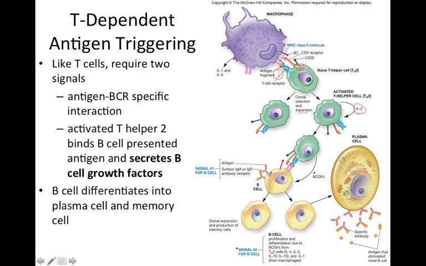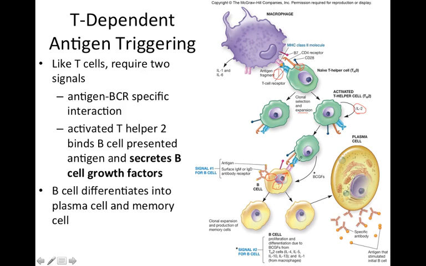And so the B cell needs 2 signals to be activated. The first one comes through interaction of antigen with its membrane-bound immunoglobulin. So this little yellow thing is the antigen binding to the immunoglobulin. That's signal 1. That actually comes into the cell, and the antigen can be chopped up into little pieces and then presented on MHC class 2, which is here, to a T helper cell.